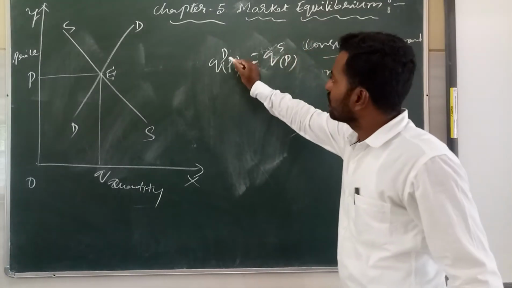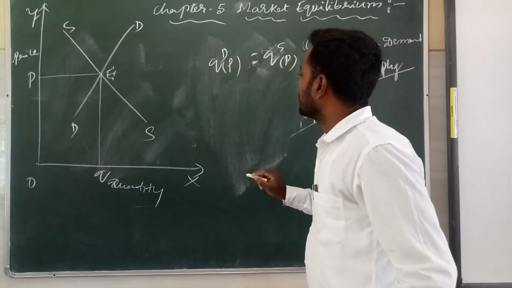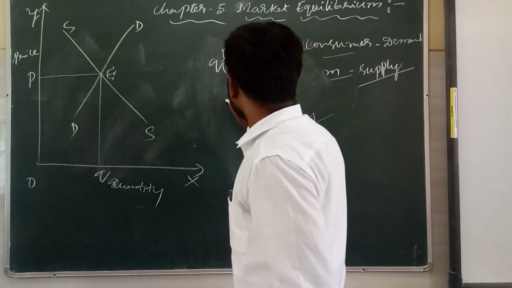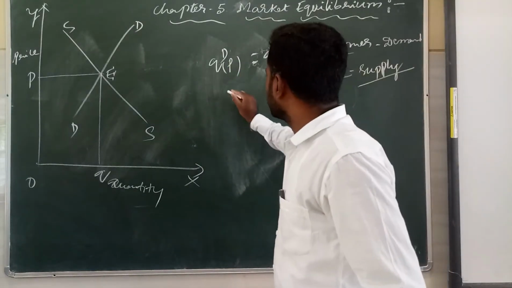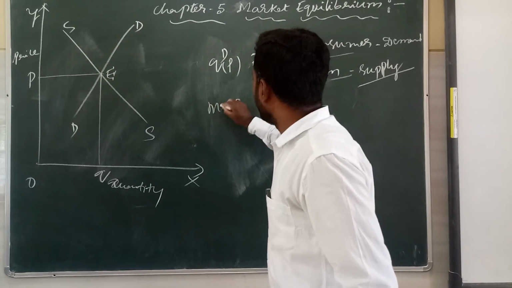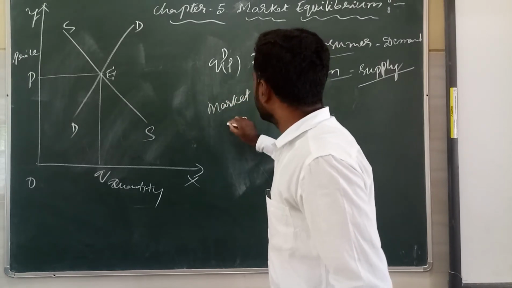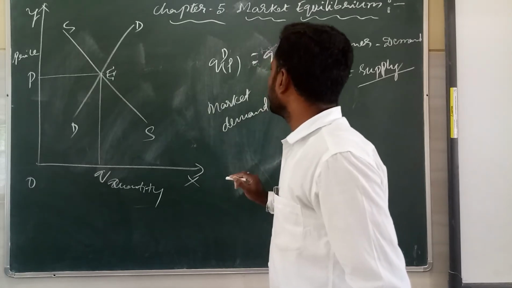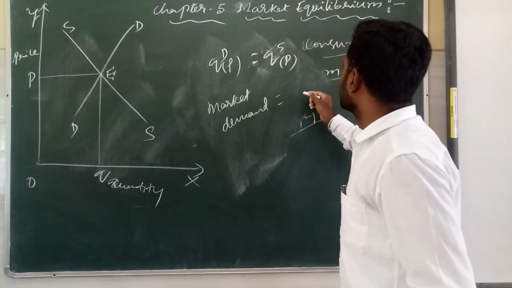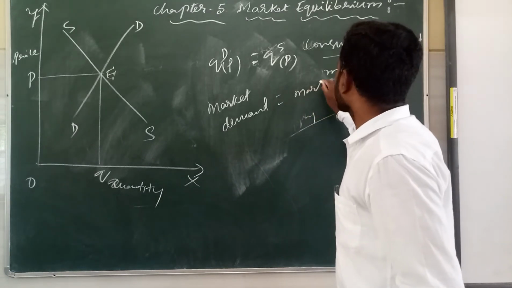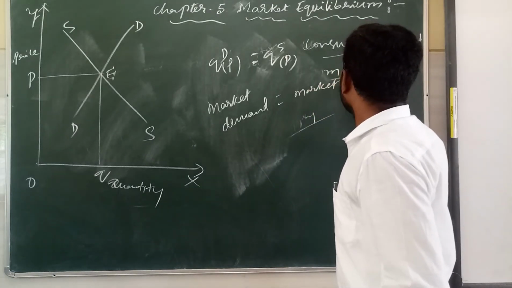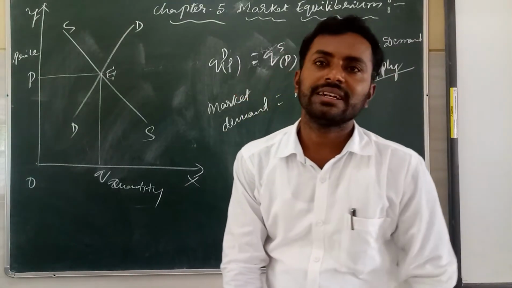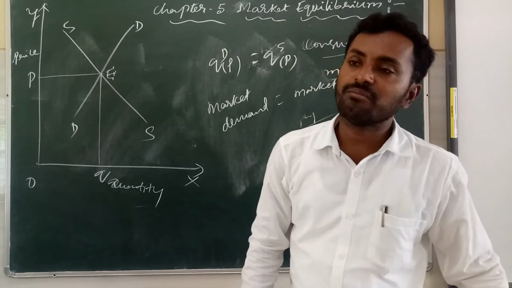QD means quantity demanded, or market demand. QS means market supply.